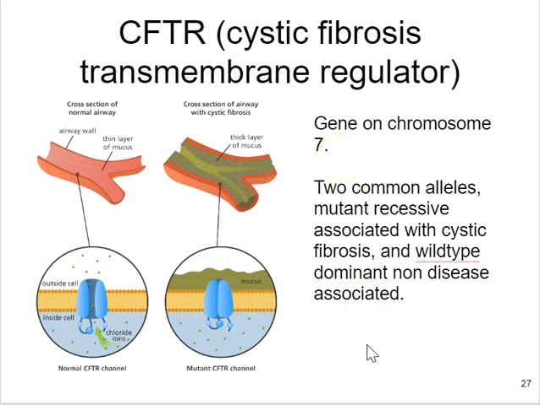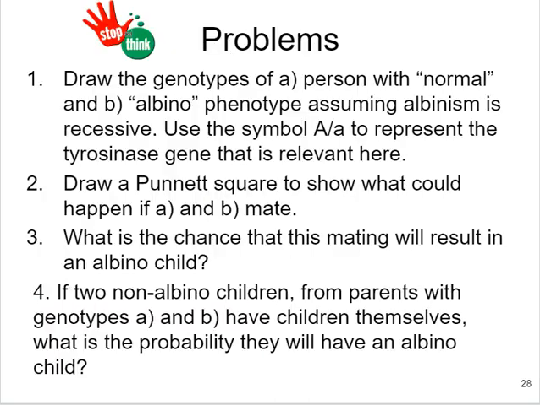So you could study the inheritance of cystic fibrosis or the inheritance of oculocutaneous albinism, and you would be looking for the patterns of a monohybrid inheritance system. Or you could study the inheritance of the two things simultaneously if you had a family where both genetic conditions were present, and then you would be looking for inheritance patterns like we just looked at in the dihybrid cross system.